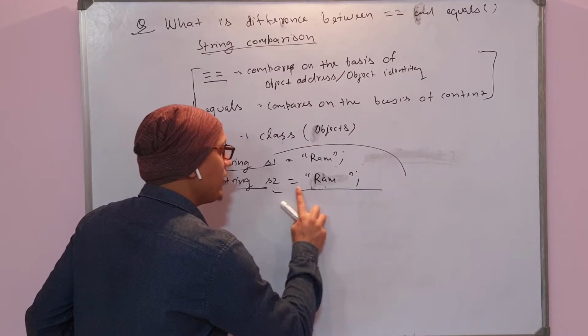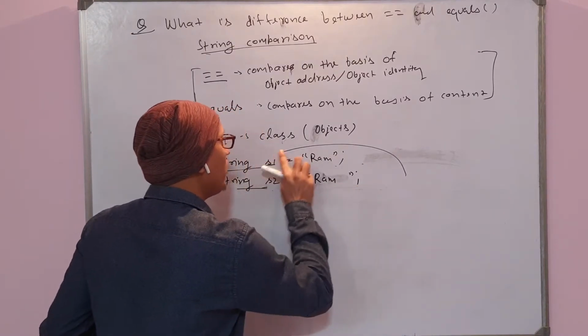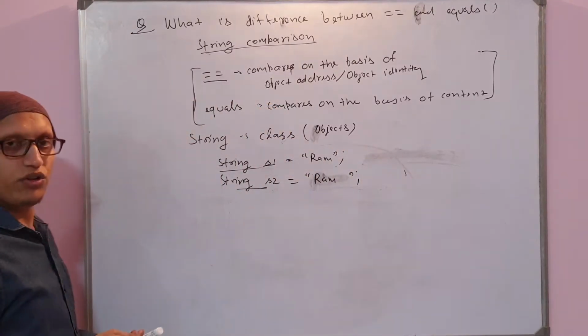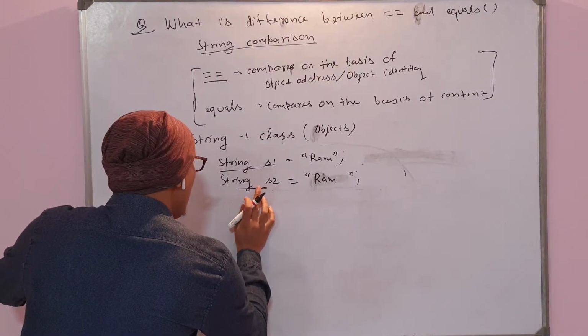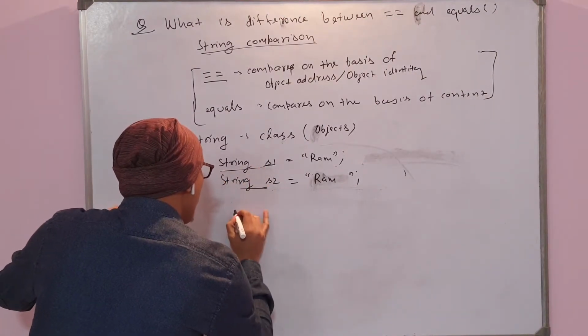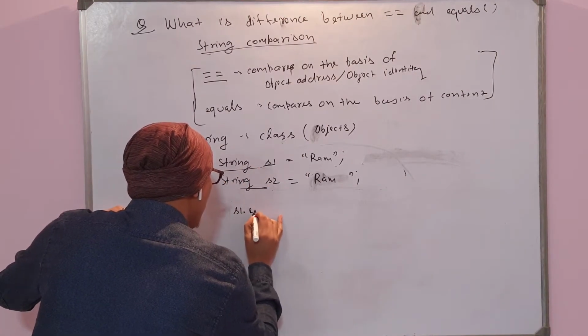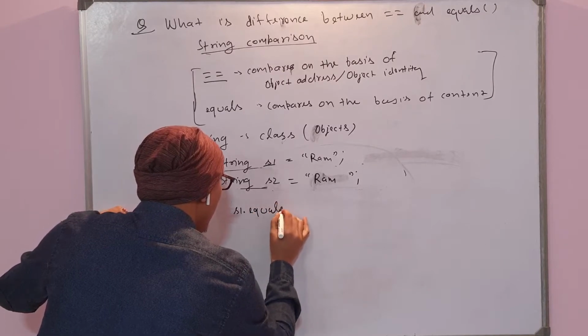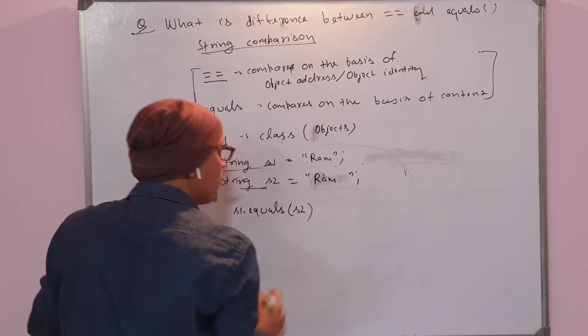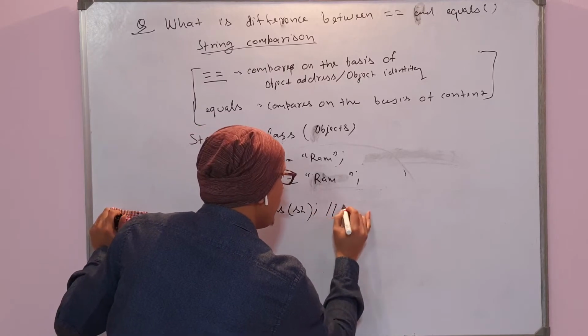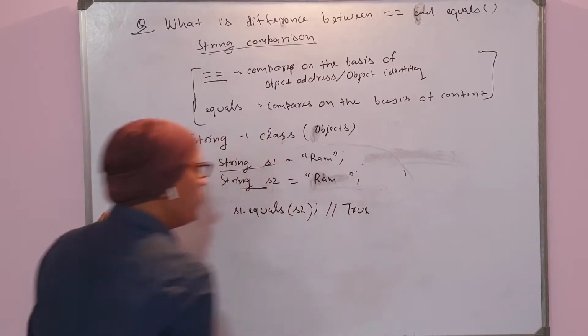So as per the content, both are equal. So we always go with the equals method. Okay, so how will we call the equals method? We will call s1.equals of s2. Okay, this will always return true.